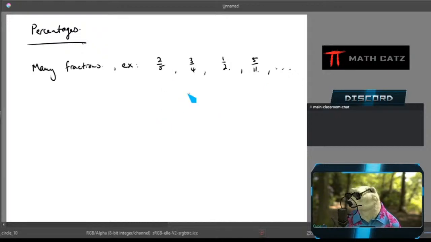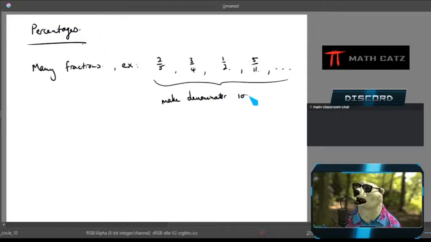It became very obvious that leaving the fractions to have any denominator isn't quite as convenient for the public as it can be. So they said, let's just standardize all of these and make the denominator 100. 100 because we have a decimal number system, powers of 10. 100 is a power of 10, so it's maybe an obvious choice. Now, in some cases, with a convenient fraction, that is easy enough to do by just multiplying by the same number on both sides, sort of reversing the simplification process.